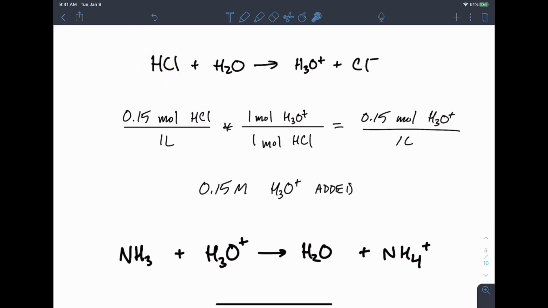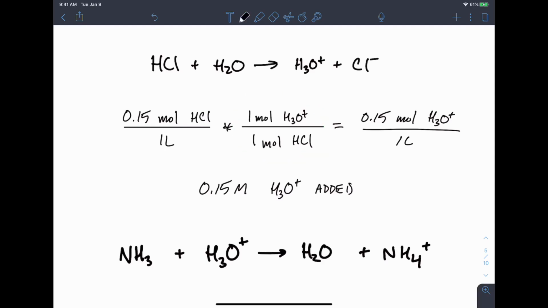So if we started off with 0.15 molar HCl, all of that HCl is going to react, and so if we do some dimensional analysis, we can figure out our concentration of hydronium at the start of this reaction. So 0.15 moles HCl per liter, this reacts to form hydronium, we have a 1-to-1 molar ratio here, so I set that up here.